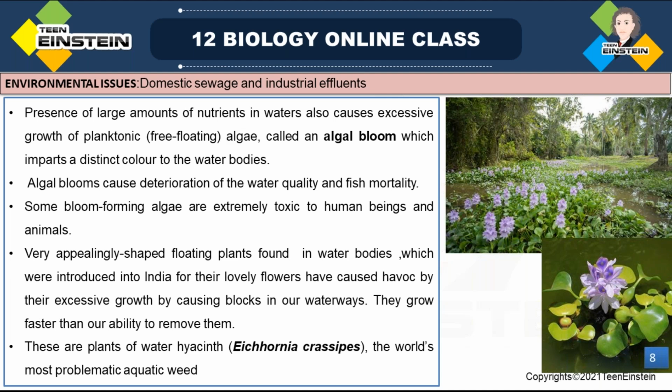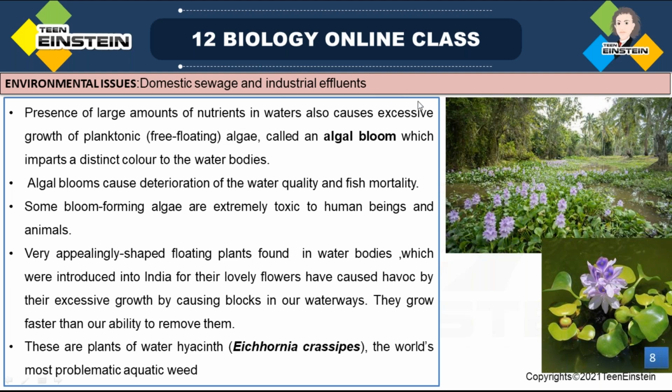So these plants, here you can see the water hyacinth, Eichhornia. That is a most problematic aquatic weed. Okay, that is a most problematic aquatic weed, Eichhornia.